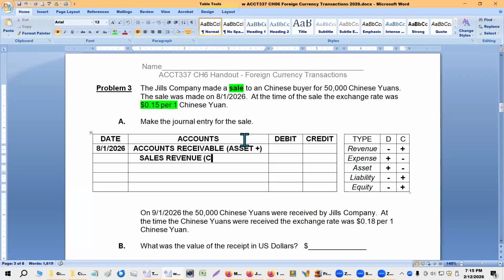These are virtually all credits. Whenever you have a sale, it's gonna be a credit.